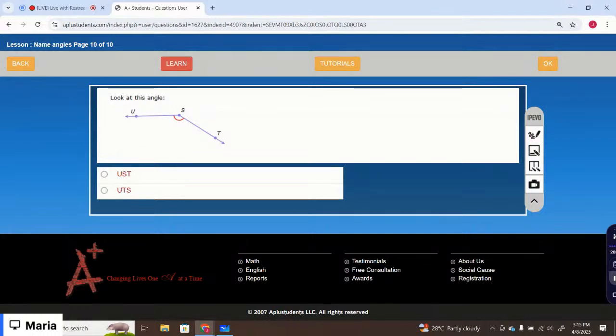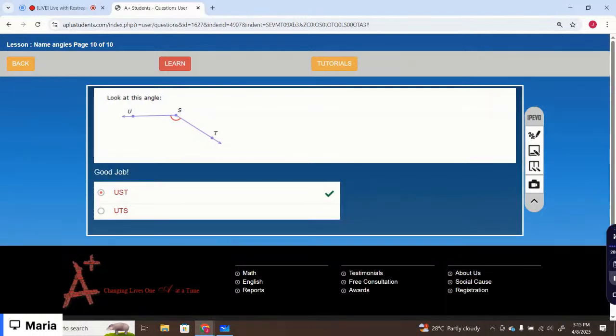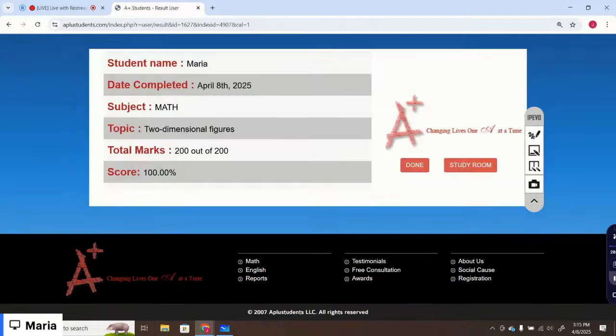That is UST, option number one is the correct option, and we are done with the lesson. Let's just move on to the next lesson.